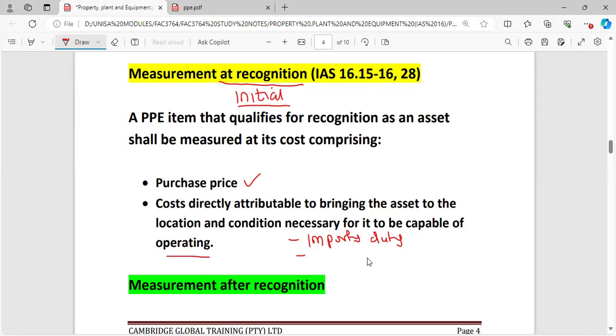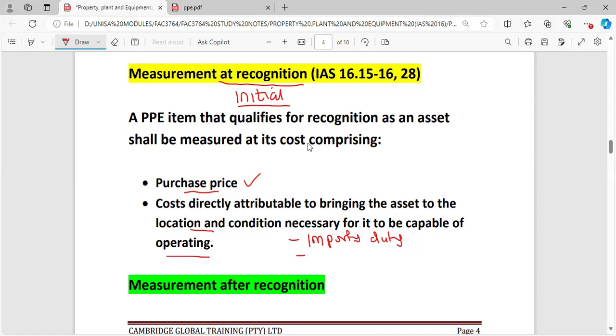So when you are measuring the asset at initial measurement, you should look at the purchase price and any cost that brings that asset into use. Then it's going to be the cost of the asset, that is the initial recognition of the asset.